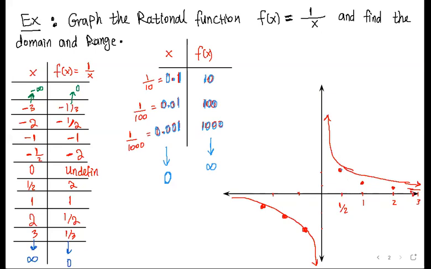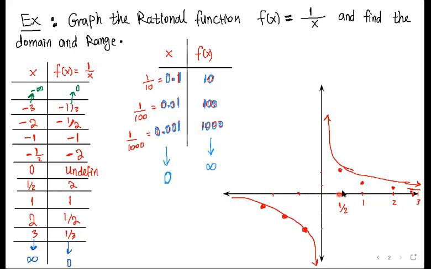Now the question is, what's the domain? As we look at the graph, the domain will be everything except 0. As we learned, all the values for x are used, but at 0 it is not used.